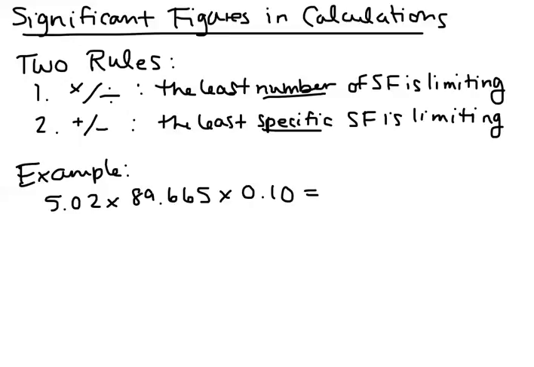Third number, how many sig figs? Beautiful. So how many sig figs should our answer have? 2. The least number of sig figs is limiting. So our answer, which would be 45.0118, we're just going to keep these two significant figures, meaning our answer is 45.